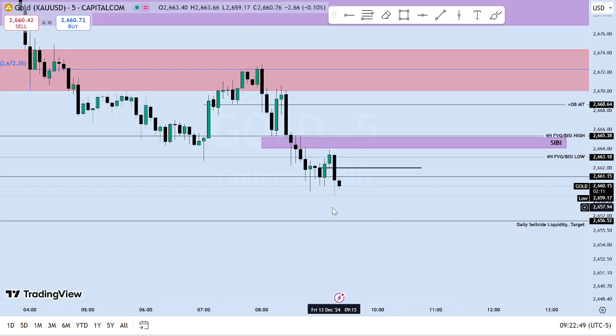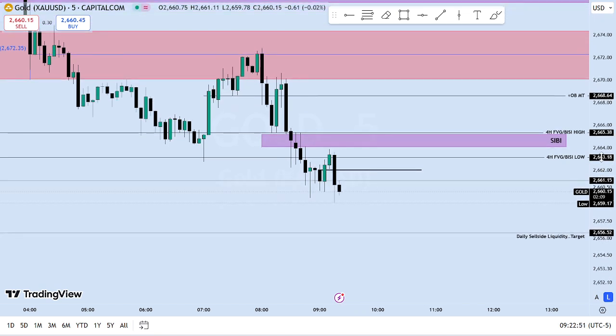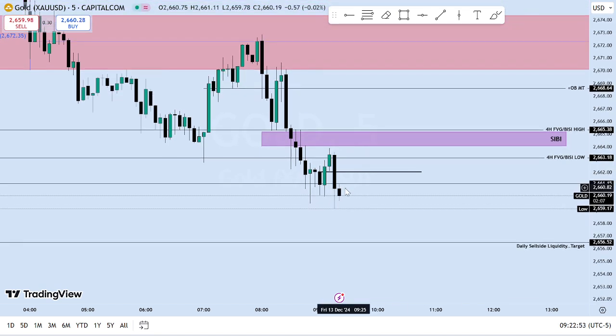Okay, it's 5 minutes. You see this candle here, this is a high. Price closes here, then open, close. Here is the last close candle, drop.